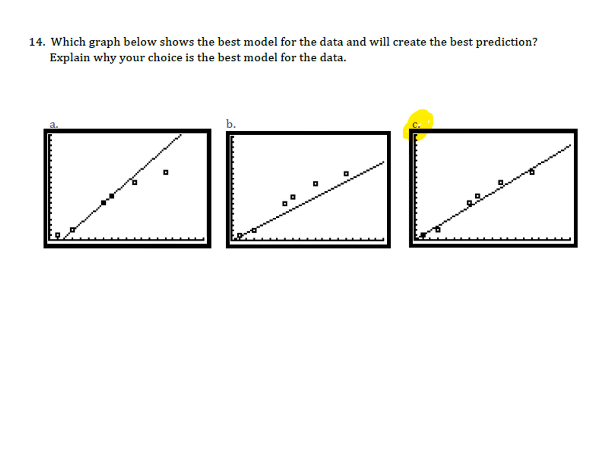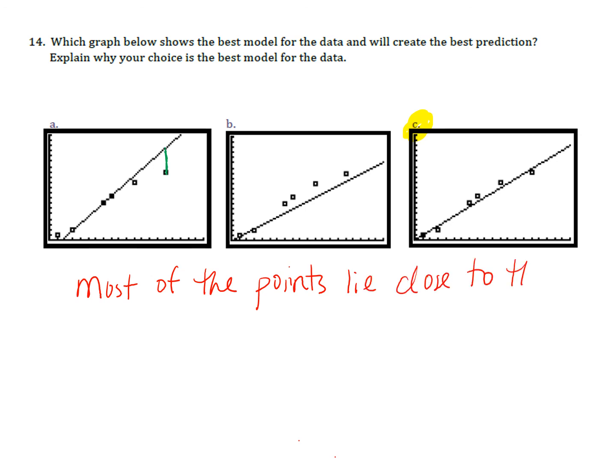If we look at the distance here, this point lies really far away from the line, but in part C, all those points lie really close to the line. So when it talks about explaining the choice, I would say most of the points lie close to the line.